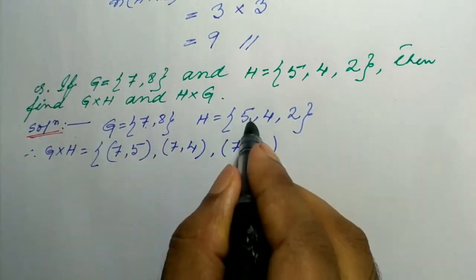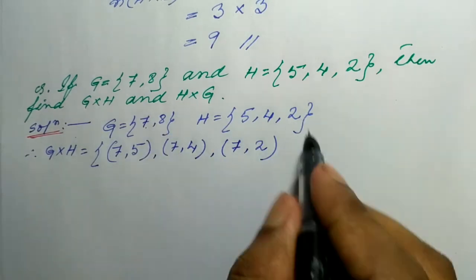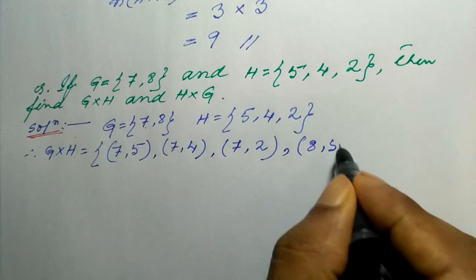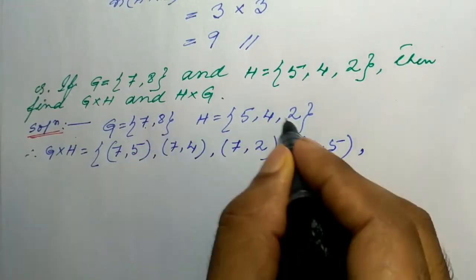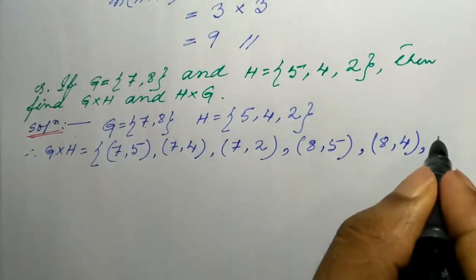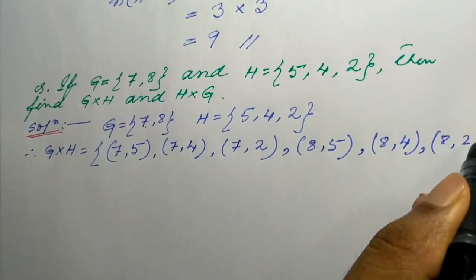The next terms will be (8, 5), (8, 4) and (8, 2).